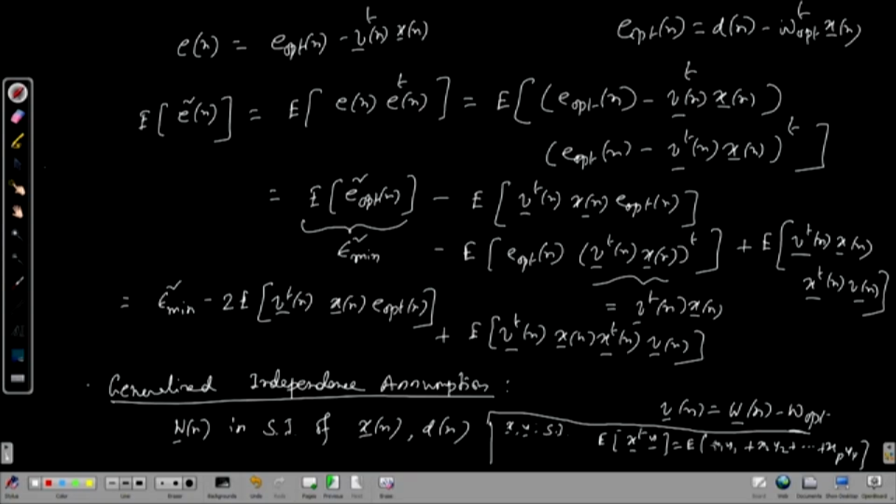Then E working on x1 y1 will be E x1 E y1, then E x2 E y2, up to E xp E yp. It becomes equivalent to E of x, if you take E of x first, that is E of x1, E of x2, E of x3, this vector, transposed, times E of y.